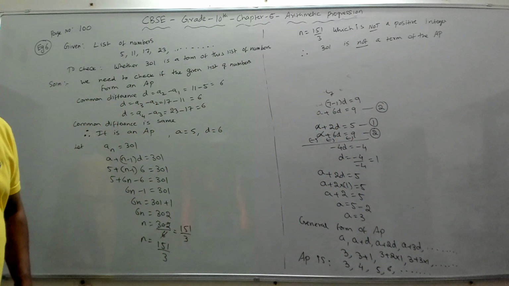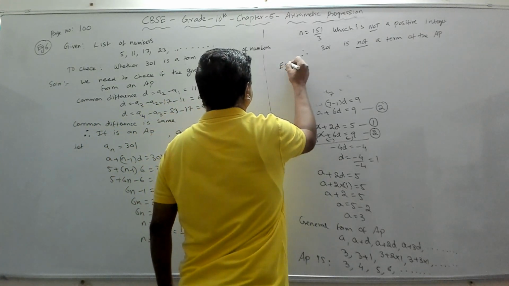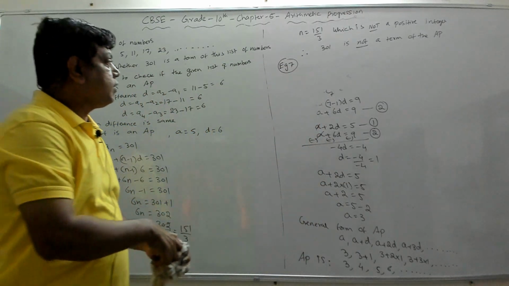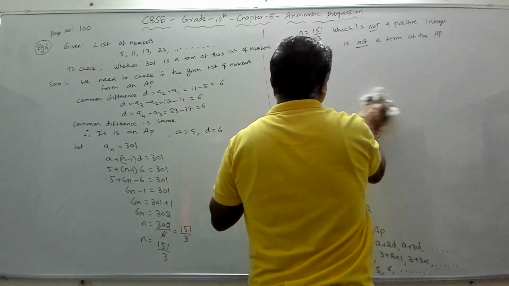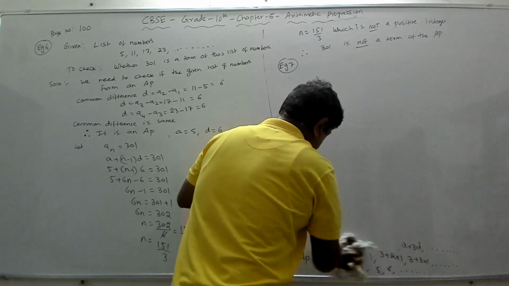Fine. The next one is example 7. So what is example 7? Let me erase these.